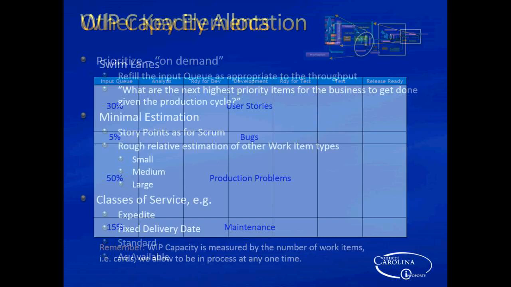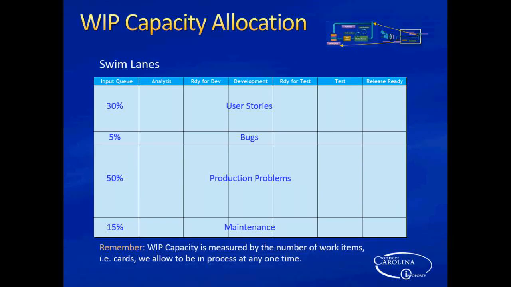And then we talked about capacity allocation. That's where I think you were going. So you can say, I'm going to have more than one type of work coming at me as a team, and we might want to set some parameters around how we should allocate our capacity based on our experience.